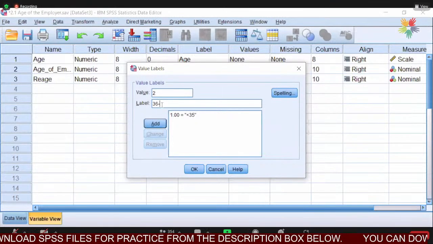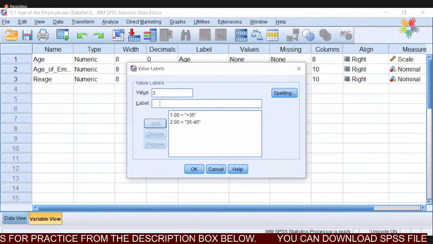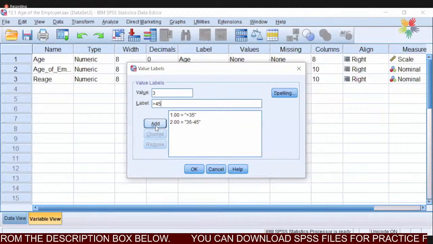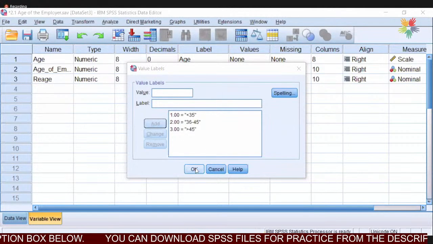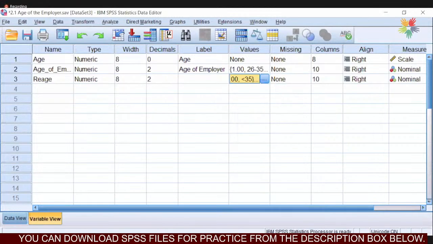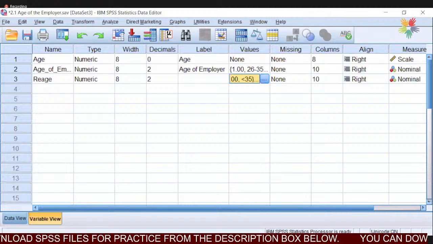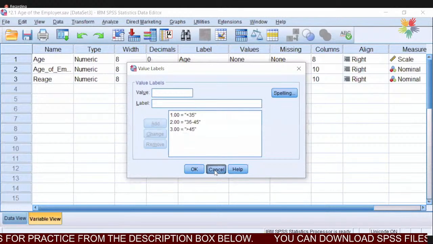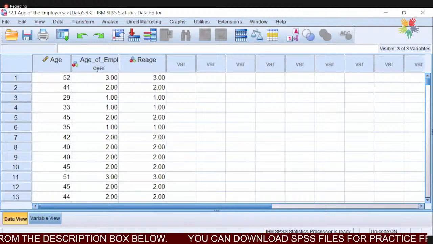So creating categories can be done. If you go and see, all are there. So this can be converted.